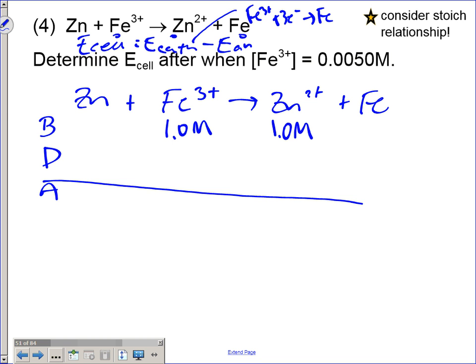That reduction potential is 0.33 volts. That would be given to you on your sheet. That particular one doesn't have it on there. So that's 0.33 volts. The anode, which is zinc to zinc 2 plus, is negative 0.76 volts, because I think we just used that one before. So you guys should be able to find E cell now. 1.09. True story.